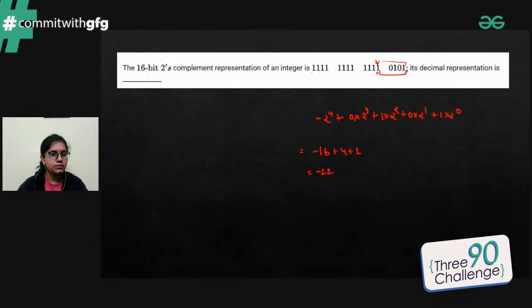We will skip zeros till the first one, and after one is encountered we will flip bits. Yes, so this is what Jay is saying, right? Or you can also do it this way without the flip and all. You can just consider this bit as minus to the power of whatever it is, and the rest you can do the addition. Okay, this is also one of the ways which you can do.